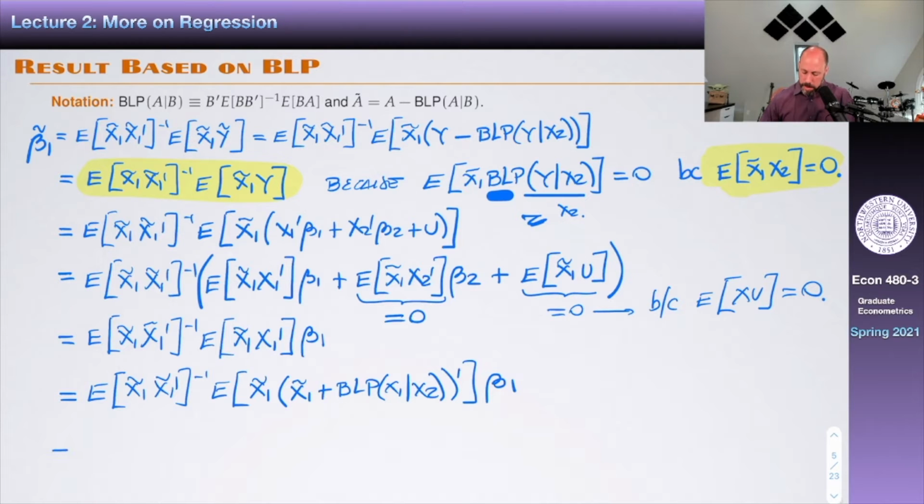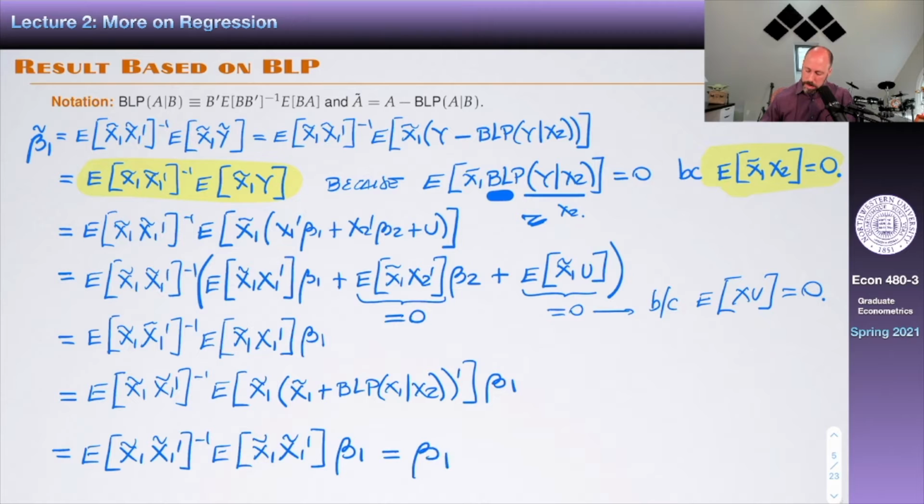And this is equal to the expected value of x1 tilde prime inverse, expected value of x tilde 1 x tilde 1 prime beta 1, which is equal to beta 1.